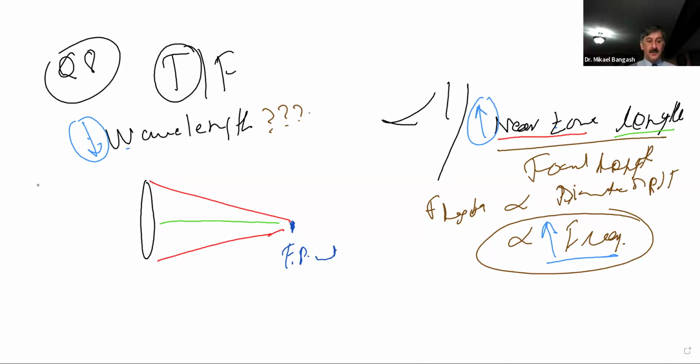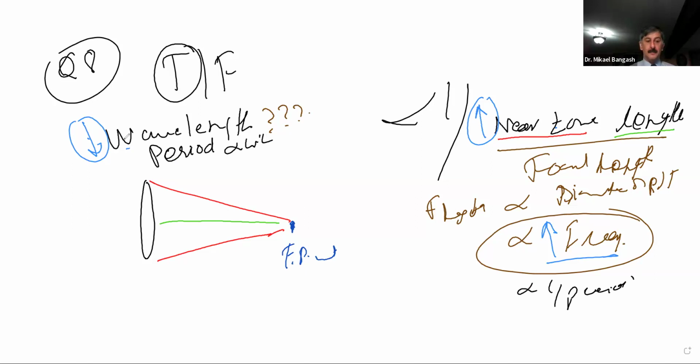The answer would still have been false had it even said period. Because we also know that period is directly proportional to wavelength, and inversely proportional to frequency.